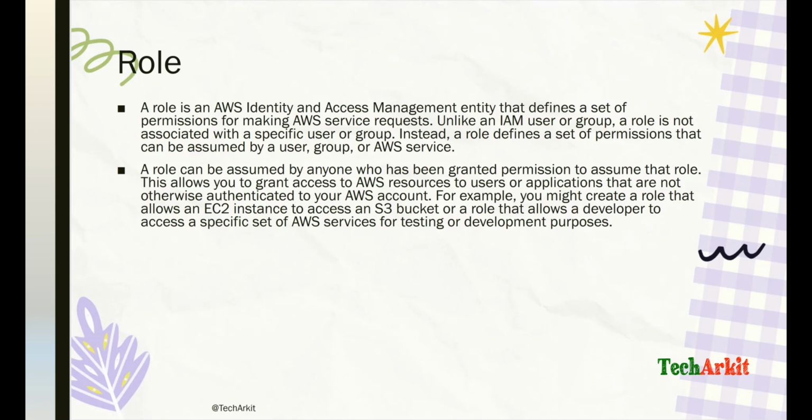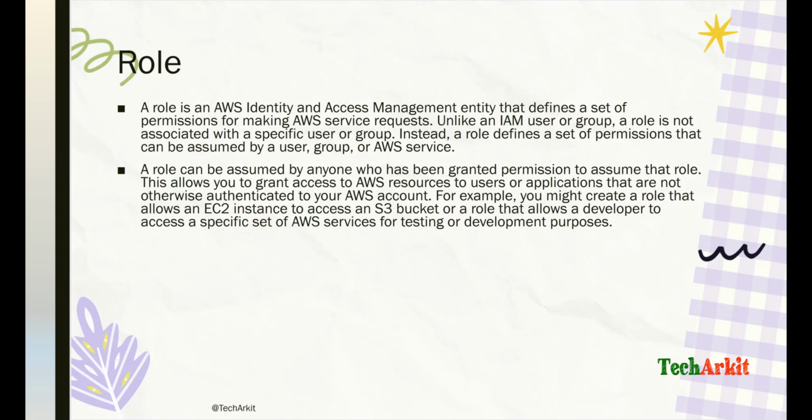This allows you to grant access to AWS resources to users or applications that are not otherwise authenticated to your AWS account. For example, you might create a role that allows an EC2 instance to access an S3 bucket, or a role that allows a developer to access a specific set of AWS services for testing or development.